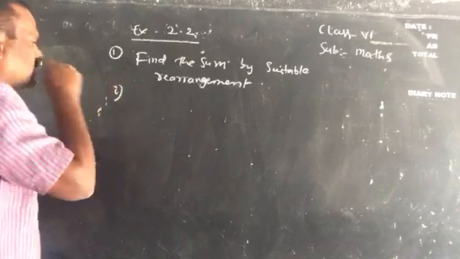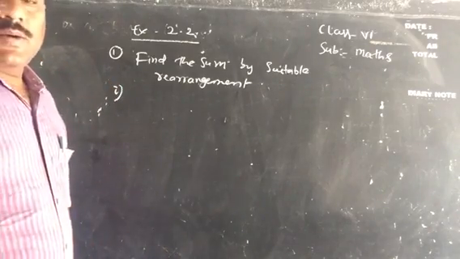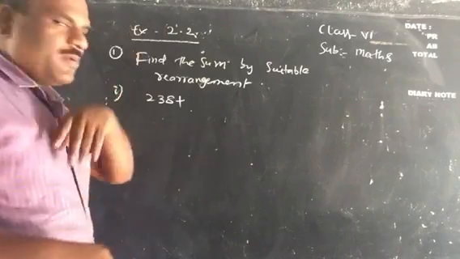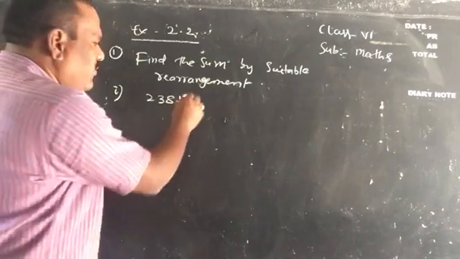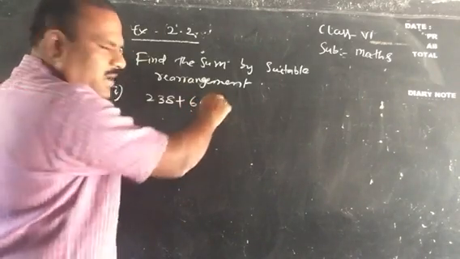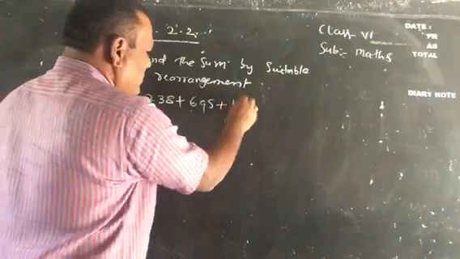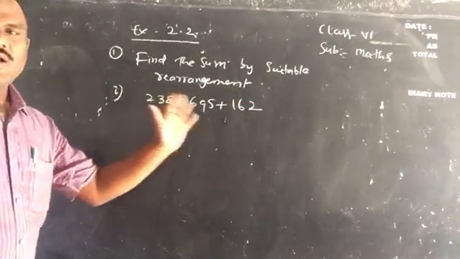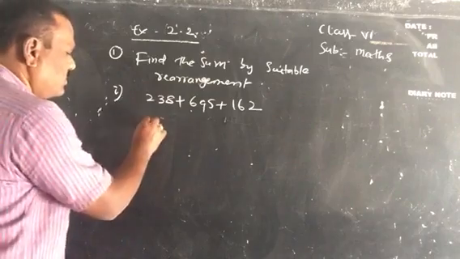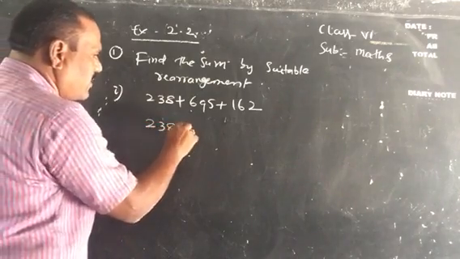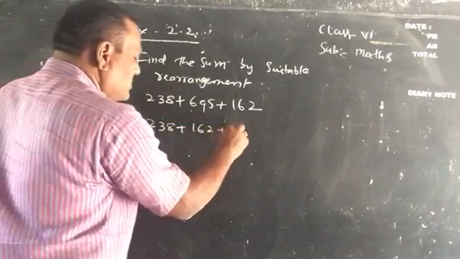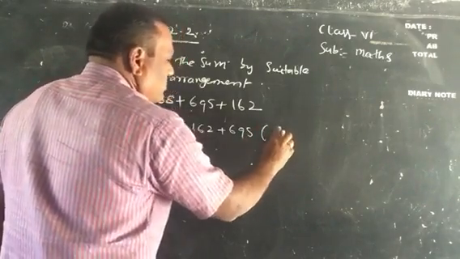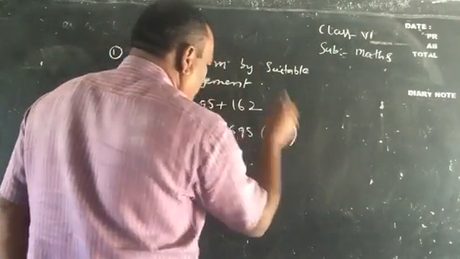So problem number 1, children: 238 plus 695 plus 162. Here we have to rearrange the sums. 238 plus 162 plus 695, as per commutative property, CP.